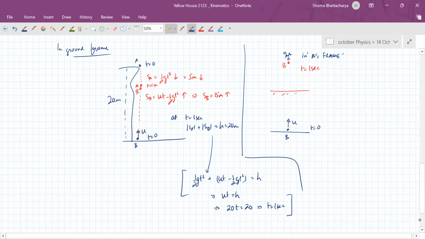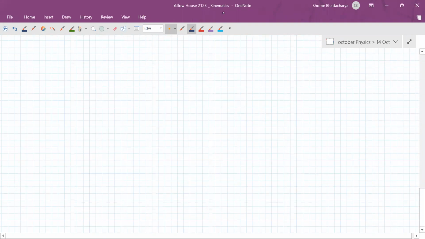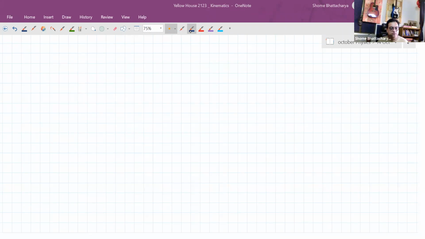Okay, now let's look at an example of a two-dimensional problem with this application, where the whole thing becomes a little more interesting.